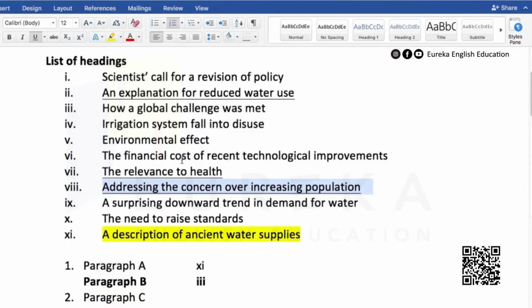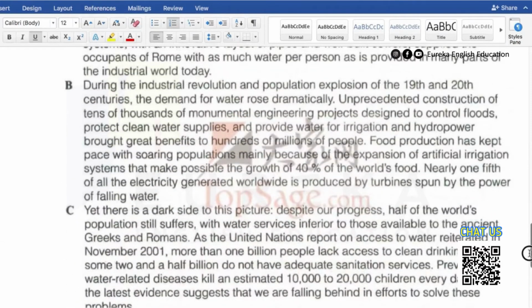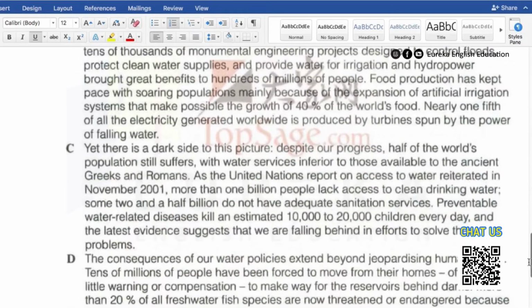In this case we are still not sure which one would be the best answer, so we can go back to the paragraph quickly and read it to compare which one is the closest. If we go back to C, sentence one, it discusses half of the world population suffering.